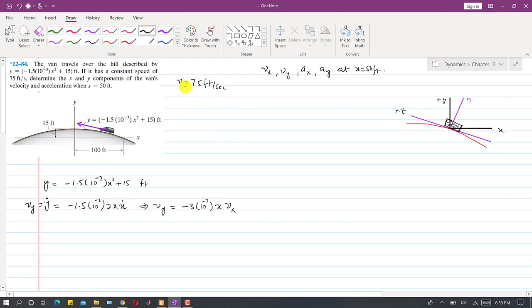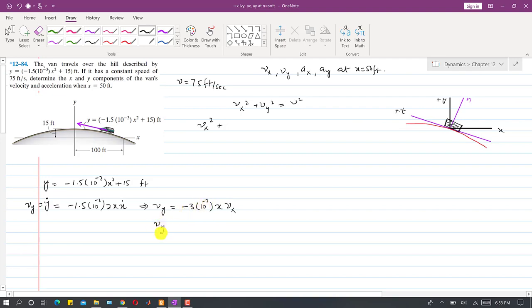Now we are given the velocity magnitude, so vx square plus vy square will be equal to v square, or we can write it on the other side of the equation, so this will be v square. vx is unknown, so I will write vx square, and we write vy in terms of x, and we want to find vy at x is equal to 50.